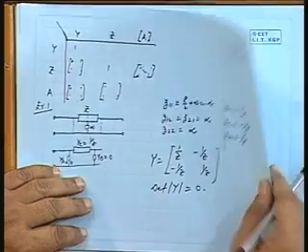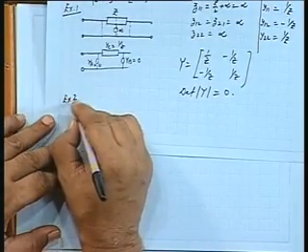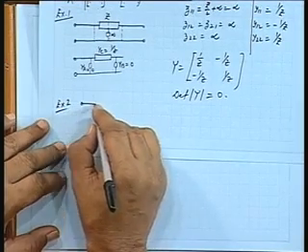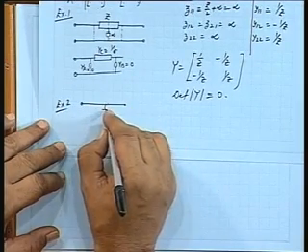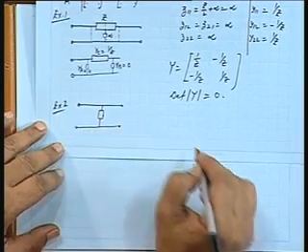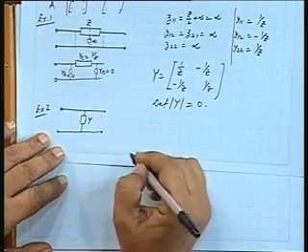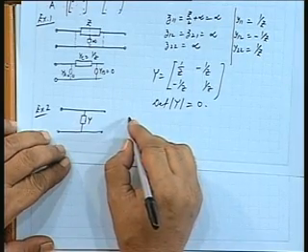Let us take up another example. Now we have just one shunt element. What would be the Z parameters and Y parameters?